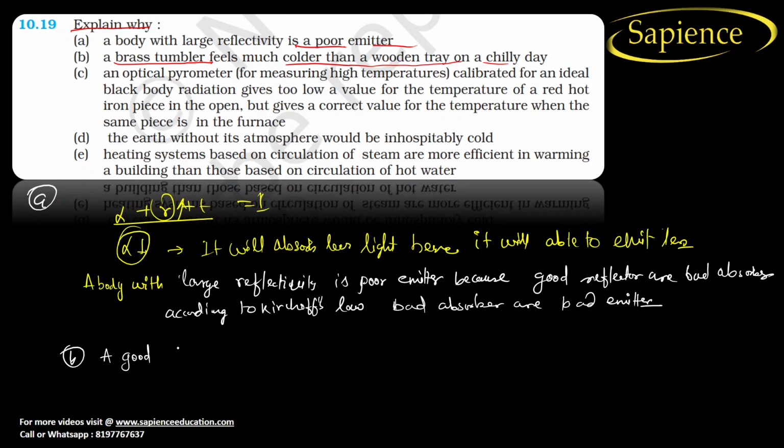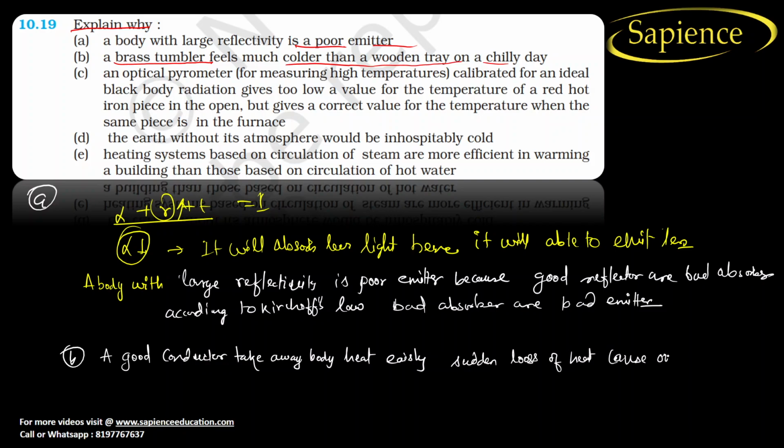Good conductors take away body heat easily, and the sudden loss of heat causes our body to feel cold.